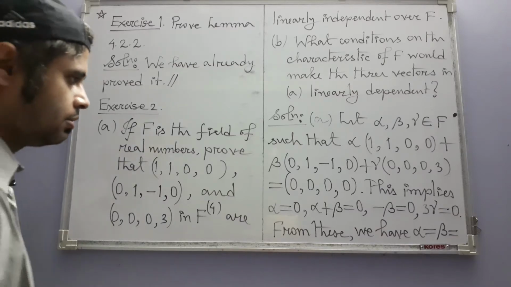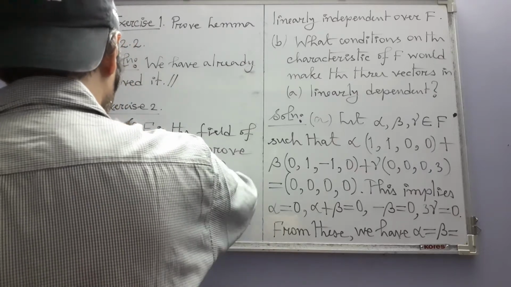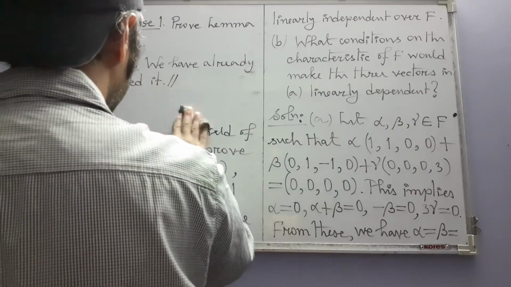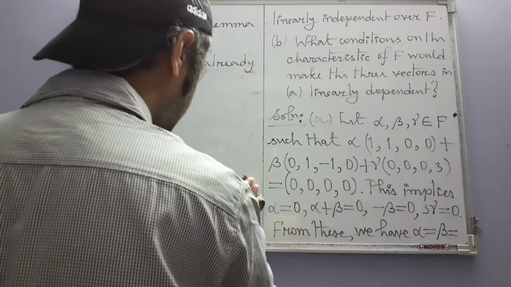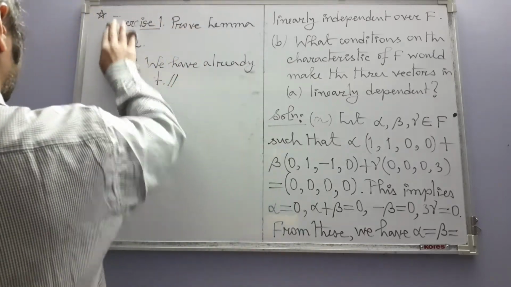So we in fact have shown that the coefficients must all be 0, and this proves that the given 3 vectors are linearly independent over F, the field of real numbers.